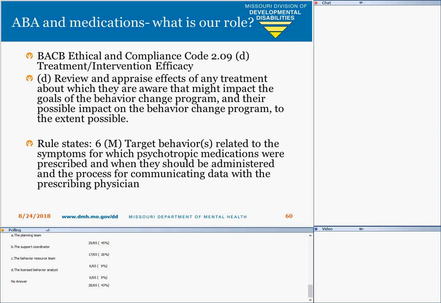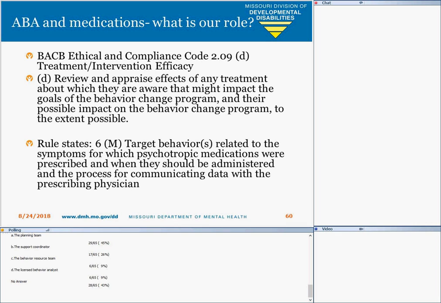We have determined those things during the functional behavioral assessment. We hope so. It could be possible that the medications happen after the functional assessment and you're brought on late, so your measurement starts after the medications have already been administered, and maybe even for a bit of time. I know what reality looks like, and that's why it says to the extent possible.